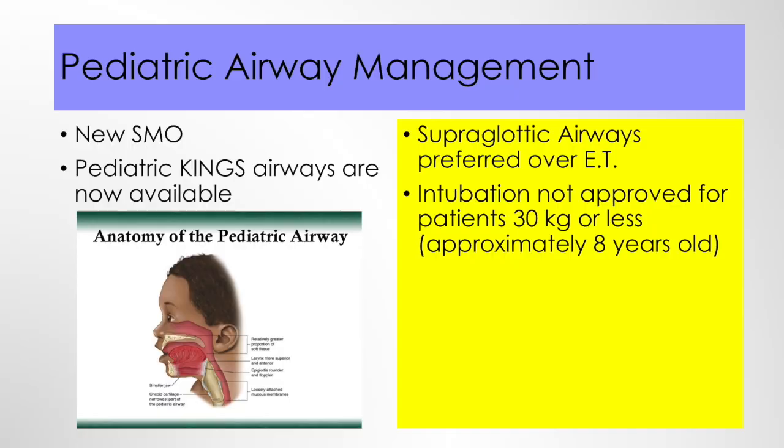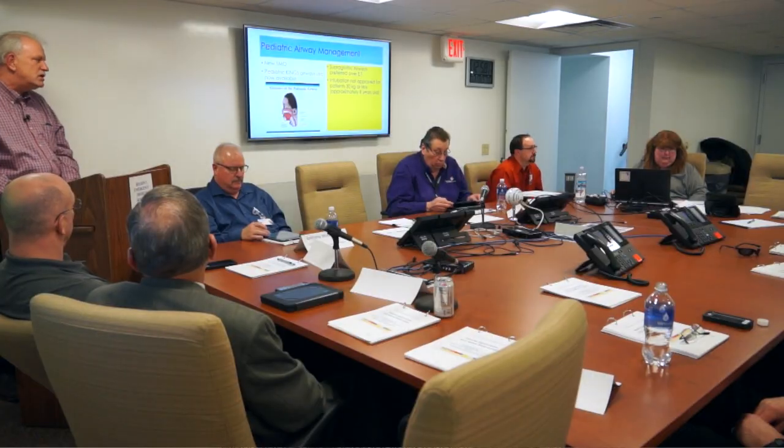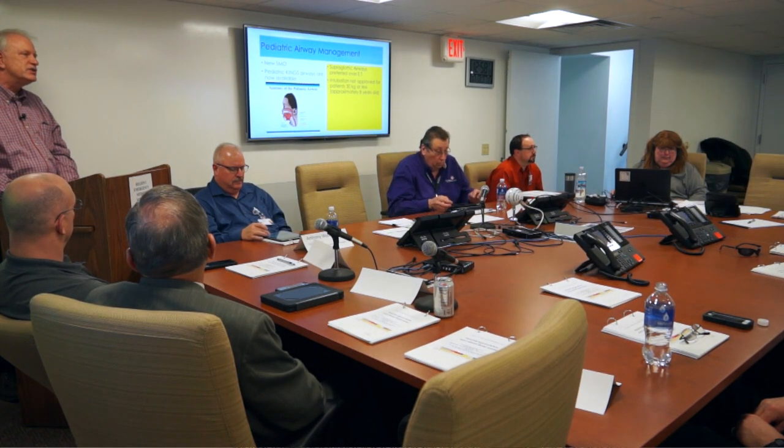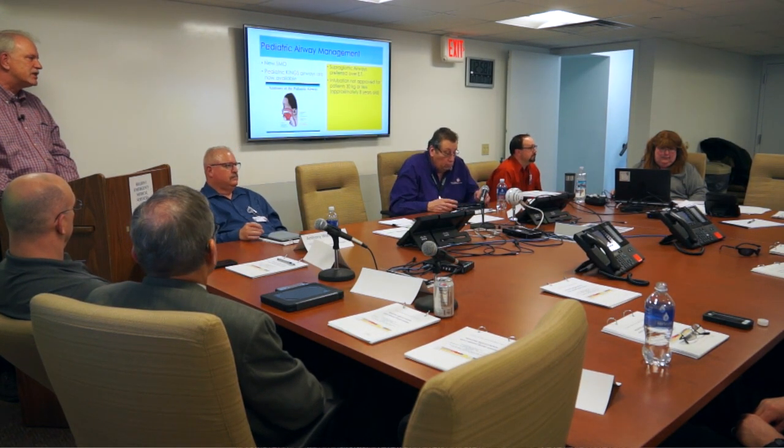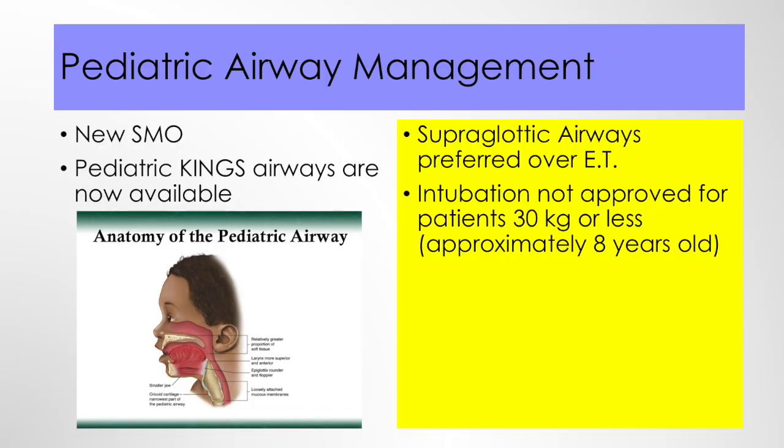Pediatric airway, Tony had talked a little bit about that, but what's new about it, and it's big, is taking the ability of intubation out of the SMO for patients 30 kilos or less. So that puts you at about age 8 for your patient age, and replacing those with the supraglottic airway, which is, in our case, the King airway.